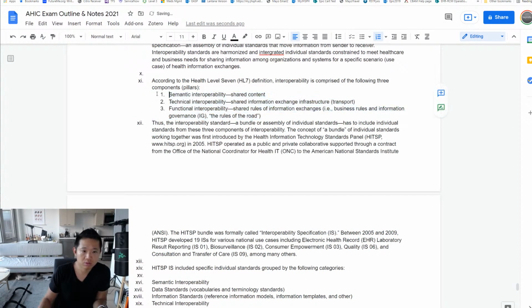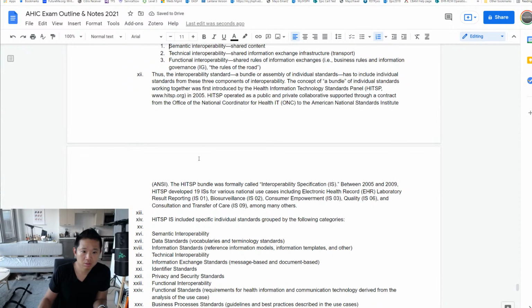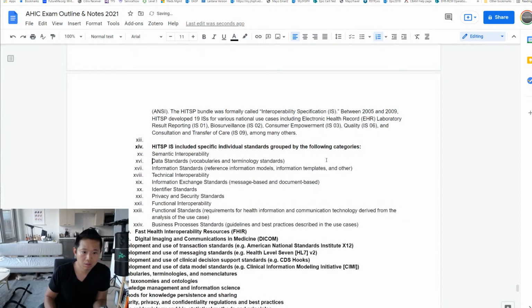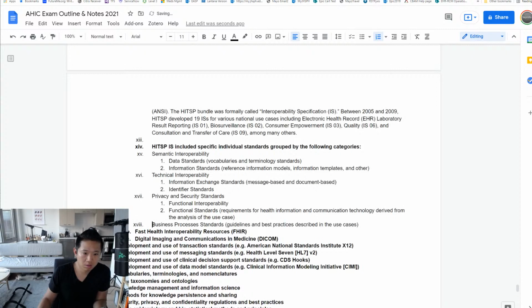Functional. Data. What was the one here? Functional interoperability. And this one, privacy and security standards. Wasn't really technical. Okay.